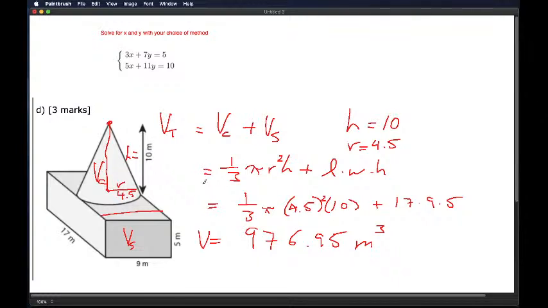No, there's no Pythagoras. If you know the height of the cone, there's nothing else you have to do. I know what you're thinking of, Luna, you're thinking about the surface area of the cone. For the surface area you need the slant side, but we're not finding the surface area of the cone.